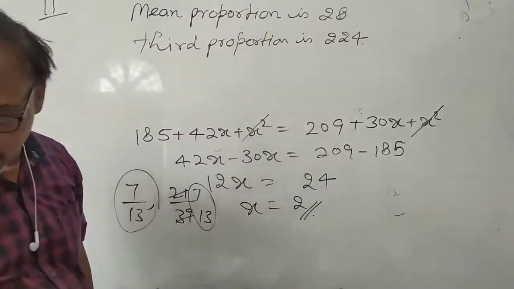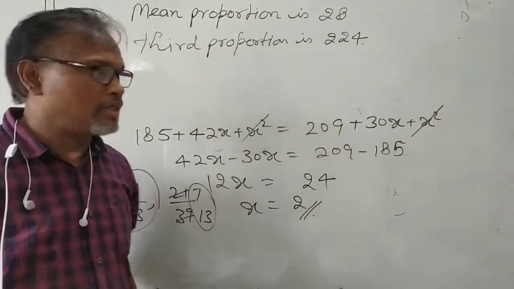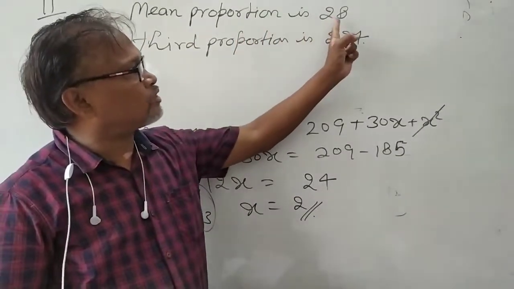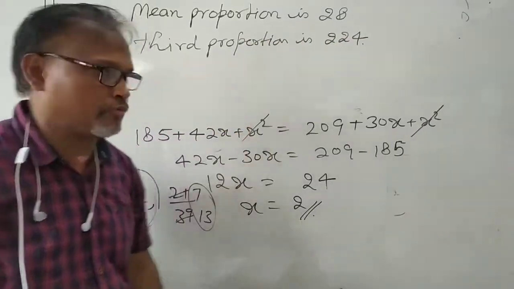You have to find the two numbers. That means there are two numbers, whose mean proportion is 28 and third proportion is 224.